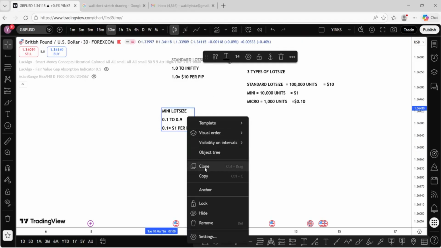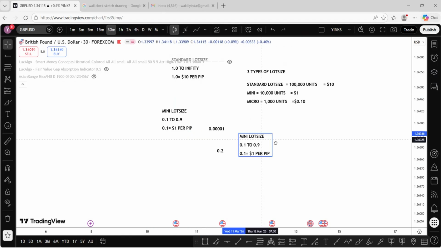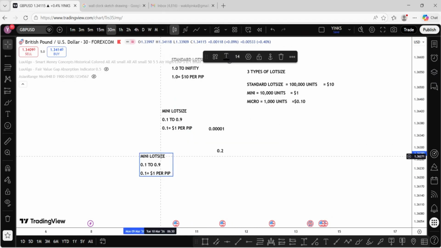Now let's go to micro. Micro lot size starts from what? 0.01 to what? 0.09.